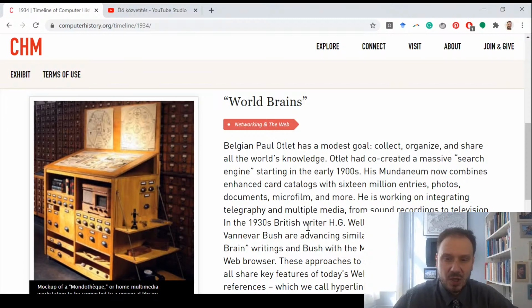Mundaneum was a kind of device that combined enhanced card catalogs with 16 million entries, photos, documents, microfilms, and more. His general idea was to build a library where he would be able to gather knowledge and link that knowledge together, so others could somehow reach it.